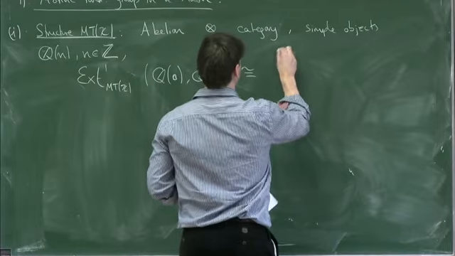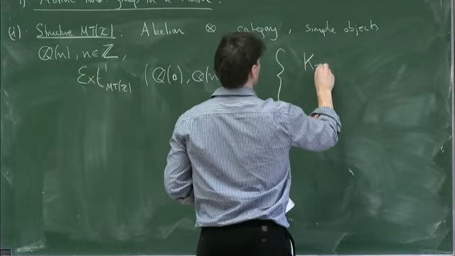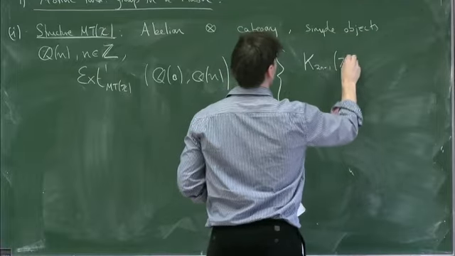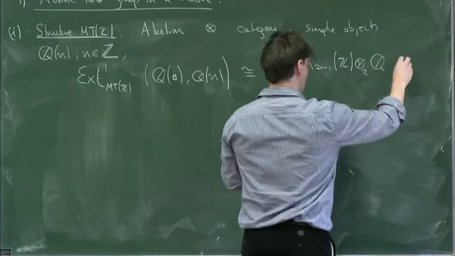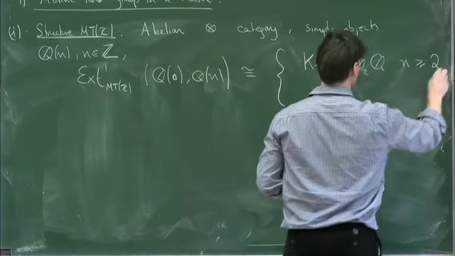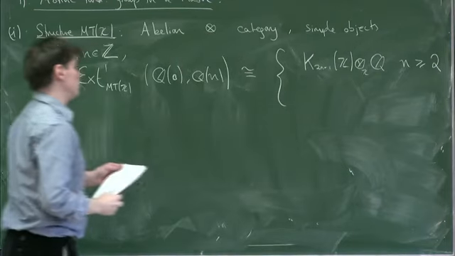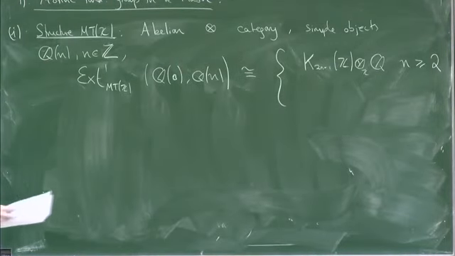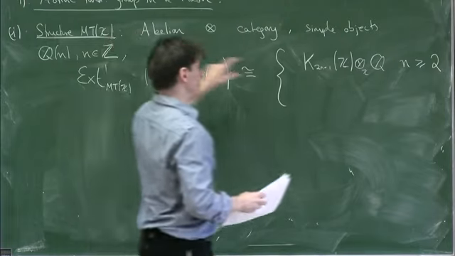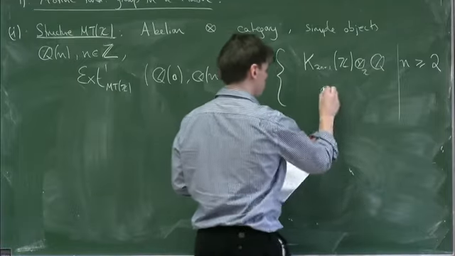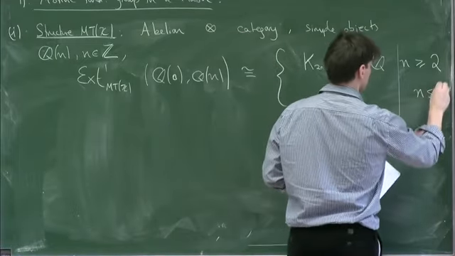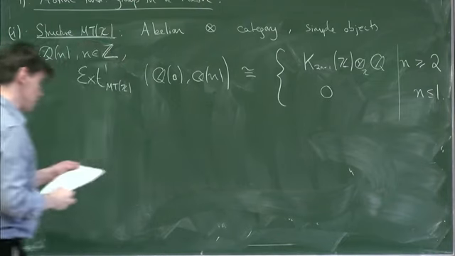And this is isomorphic to the algebraic K-theory when n is greater than or equal to 2. Morally, also if n equals 1, but something weird happens, which is why we're looking at Z coefficients. So I'm going to brush this under the carpet and just put n greater than or equal to 2 to cut the story a bit short.